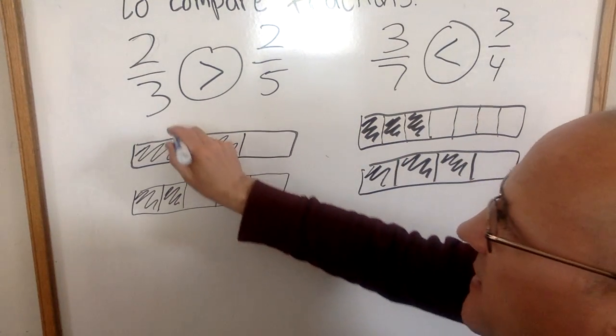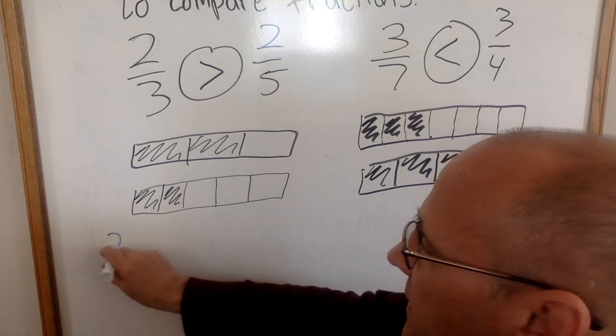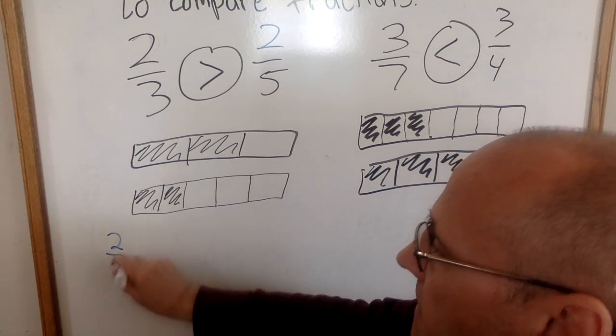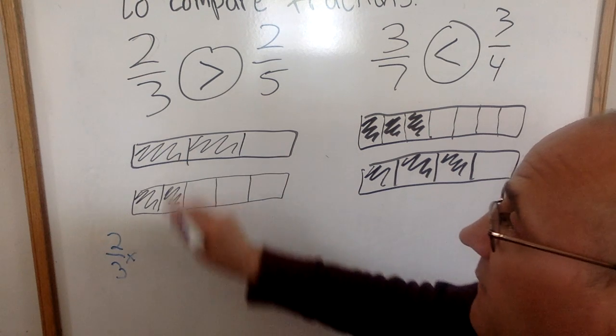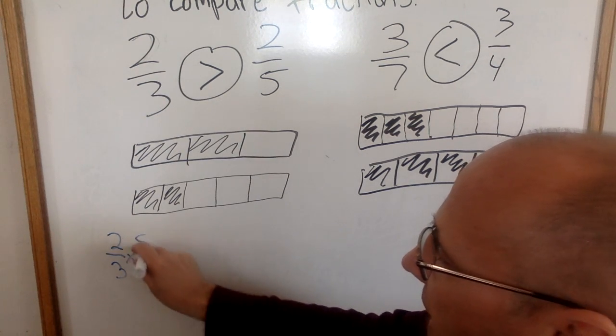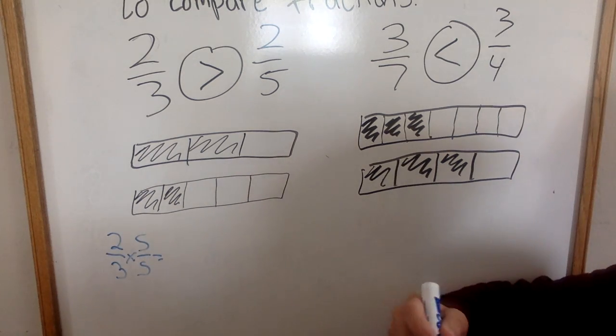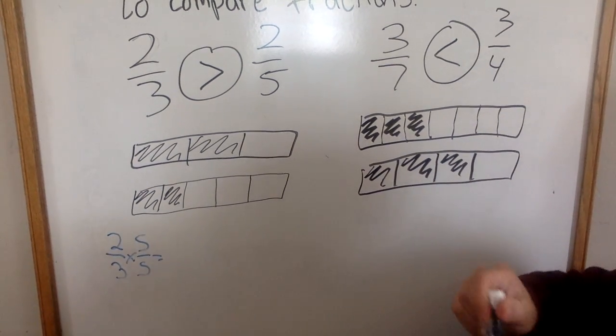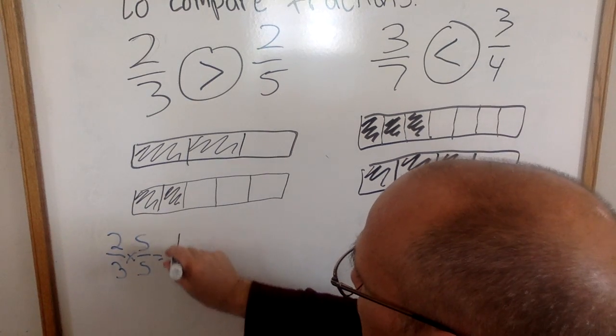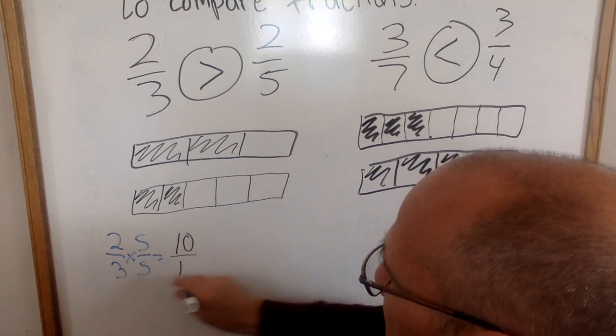So if I take 2/3 and I multiply it by 1 in the form of the fraction 5/5, 2/3 would be equal to 10/15.